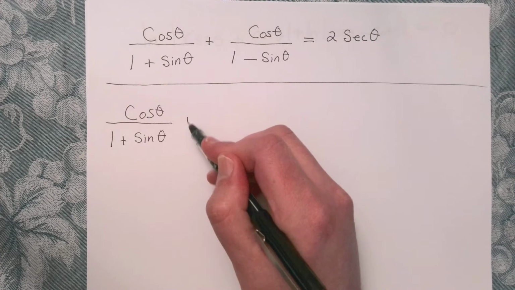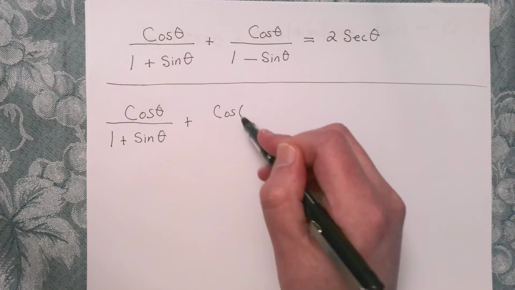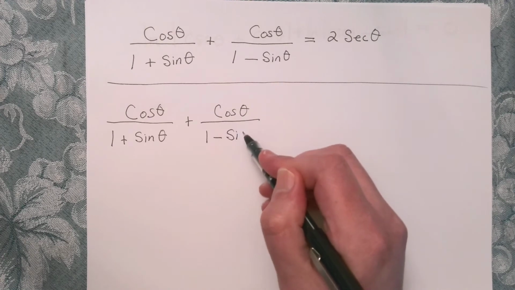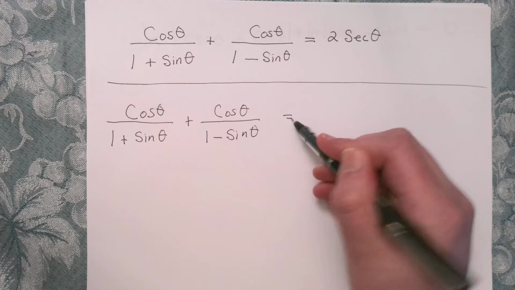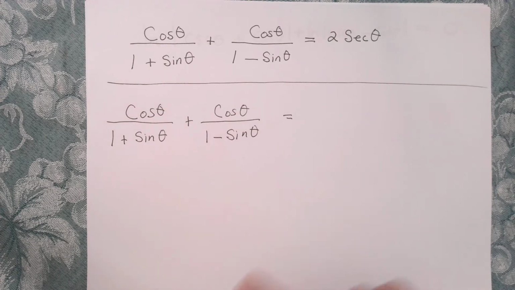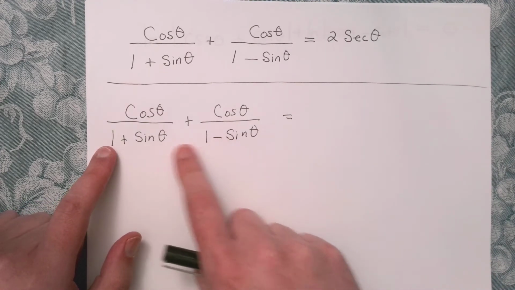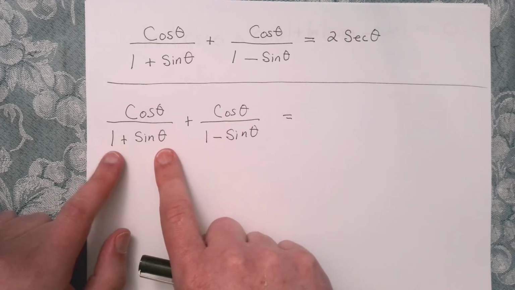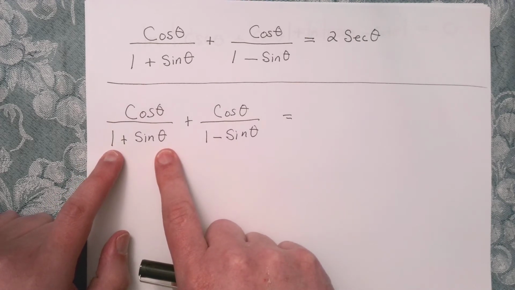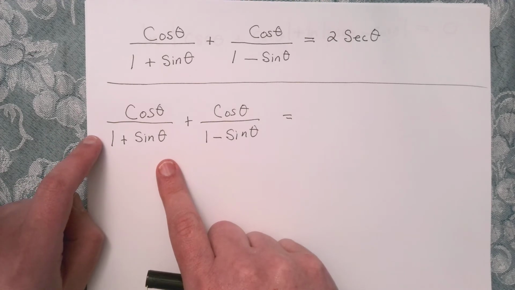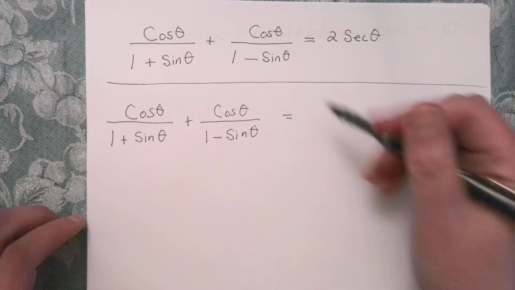It might not be your only option, but it's certainly an option to consider. So a nice common denominator, it seems like, might be the product of these two. So maybe I'll multiply this by 1 minus sine of theta over 1 minus sine of theta to give me common denominators.